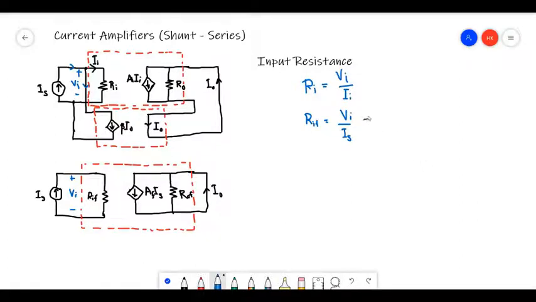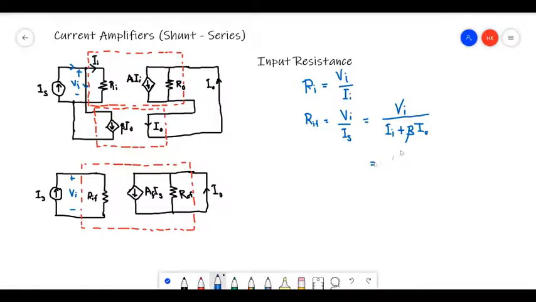Now I can write an expression for Is in terms of the input current: Is equals II plus beta I out by Kirchhoff's current law, and I out is actually equal to A times II.